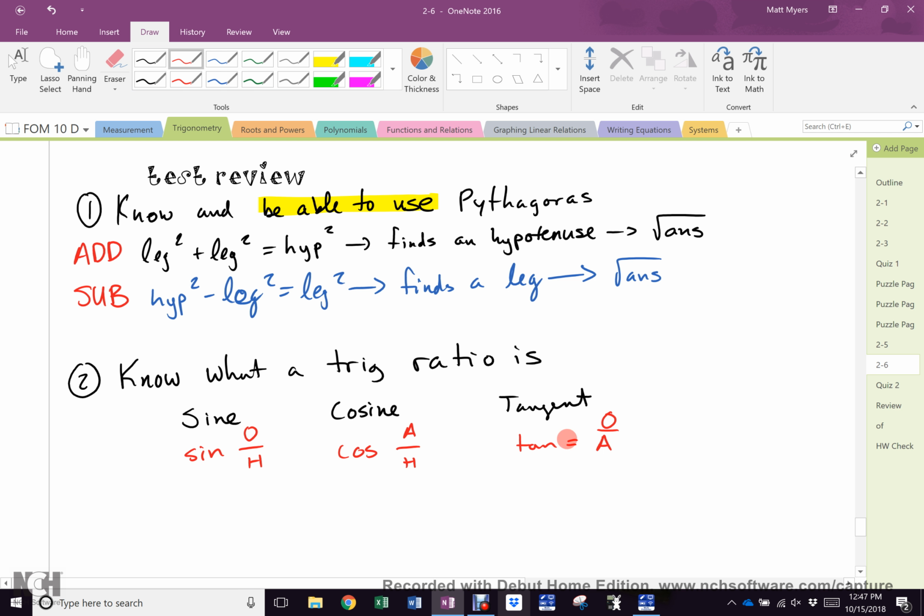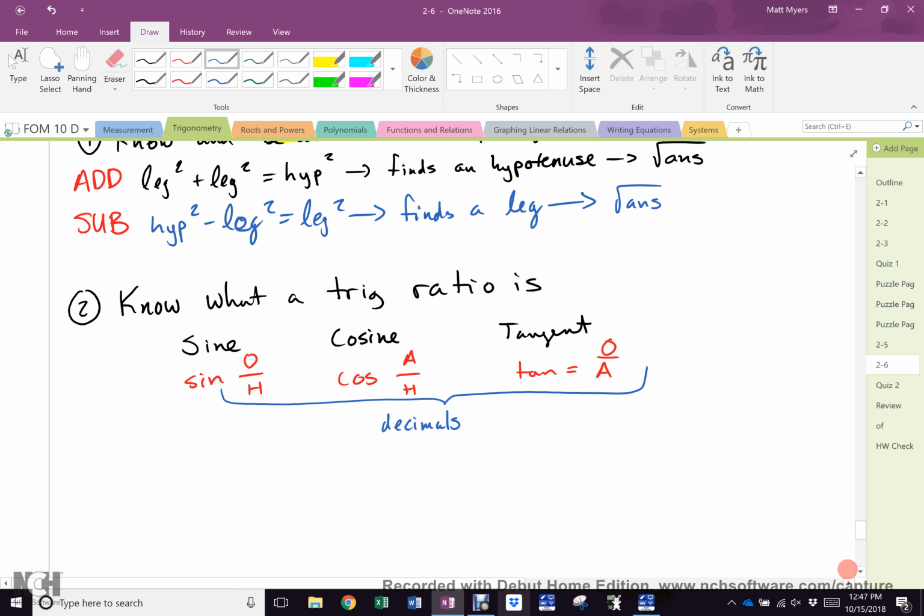These values will give you the measurements of the triangle, won't they? If you know them. If this is over 12, then you know one measurement of the triangle. Right? All right. Remember, all of these are also decimals. They're the same thing. Is everybody good?